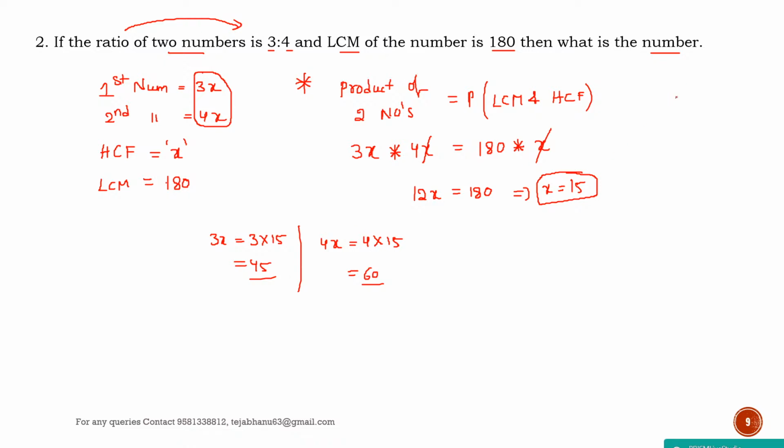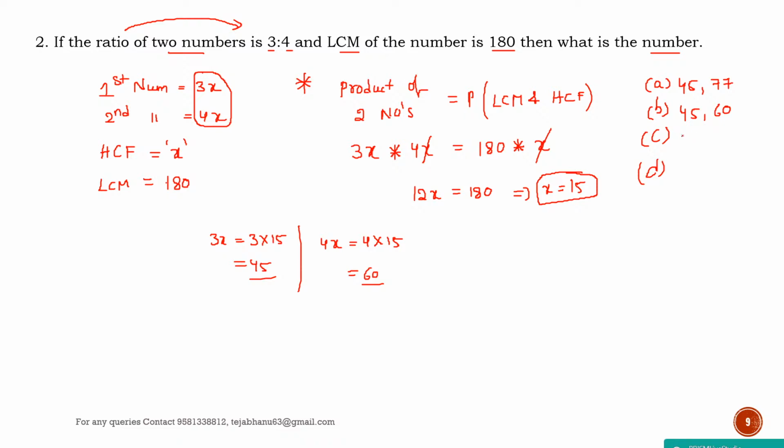Now I'll tell you the option verification. Have a look. The first option is 45 and 77. The second option is 45 and 60.